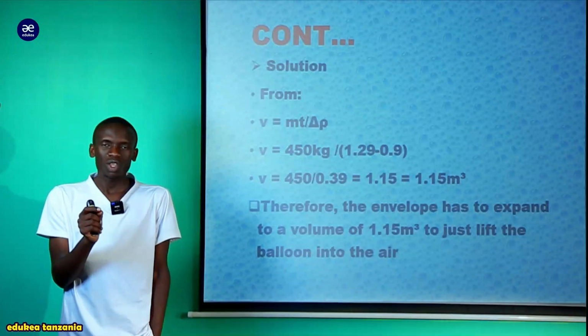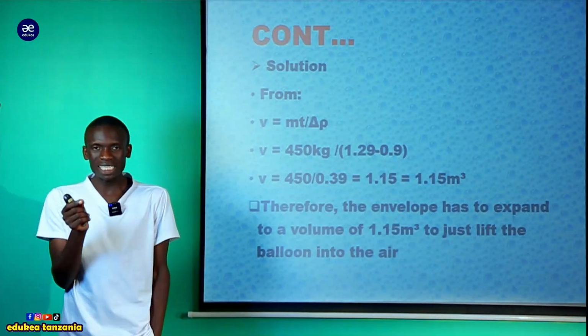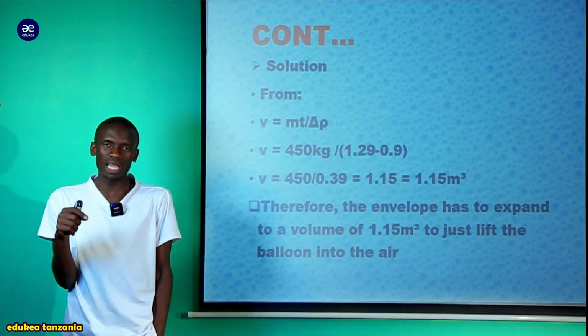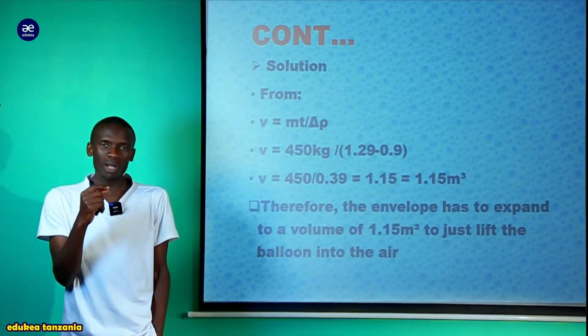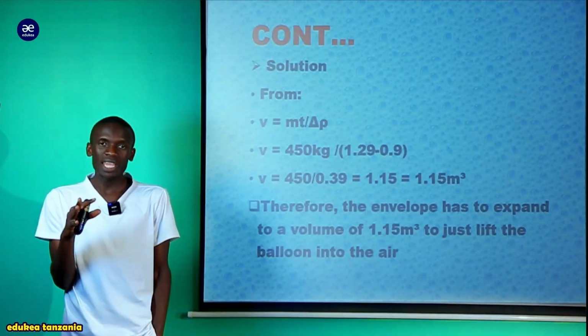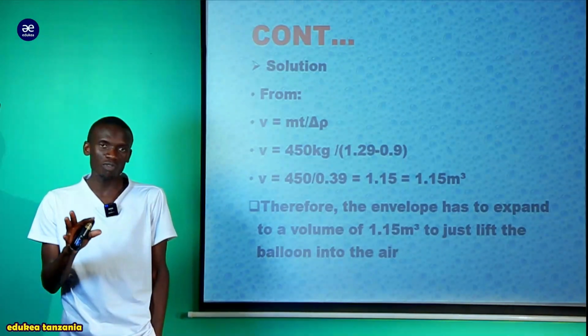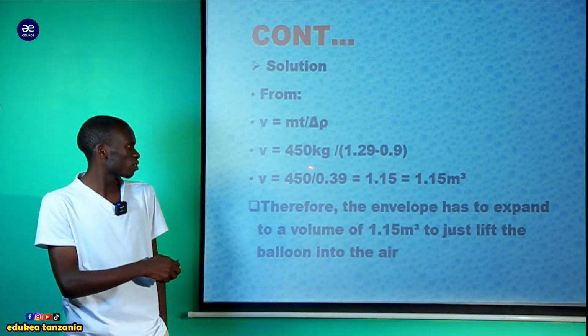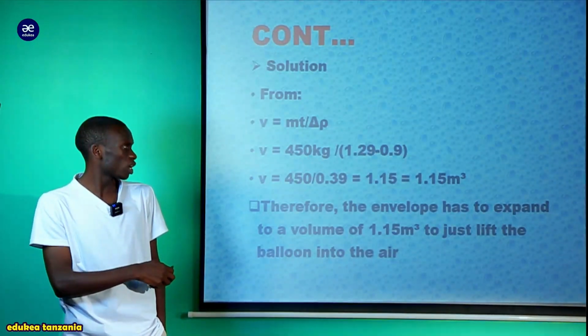You take the total mass and divide it by the change in density, the difference in density between cold air and hot air, and you get the volume of air displaced. The total mass given is equal to 450 kg.